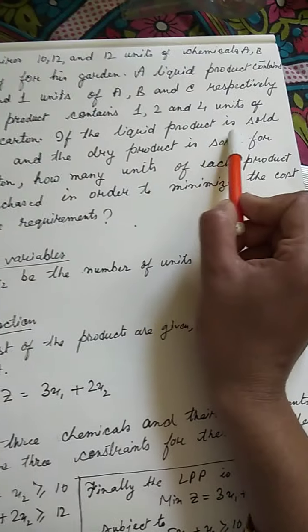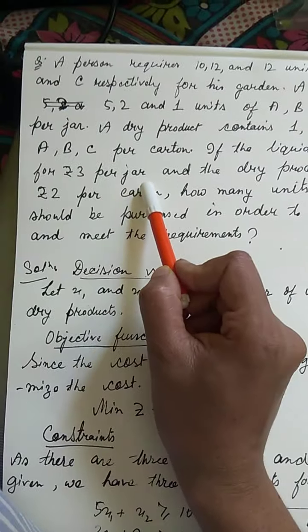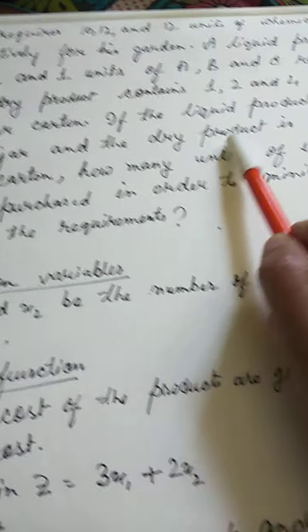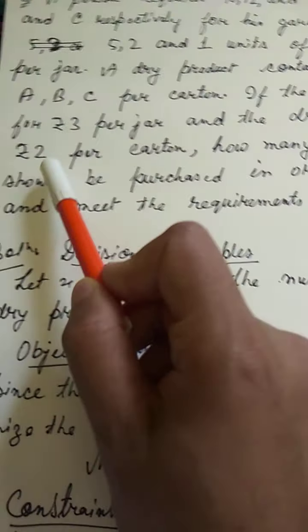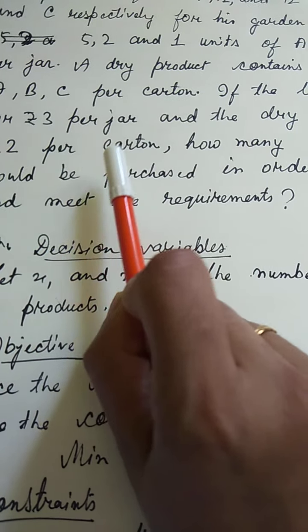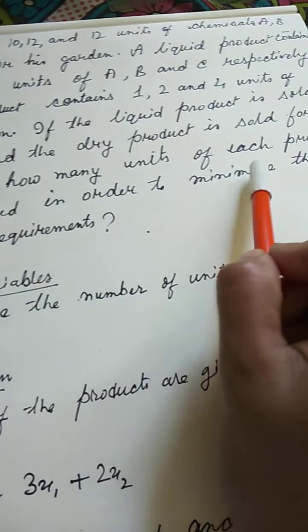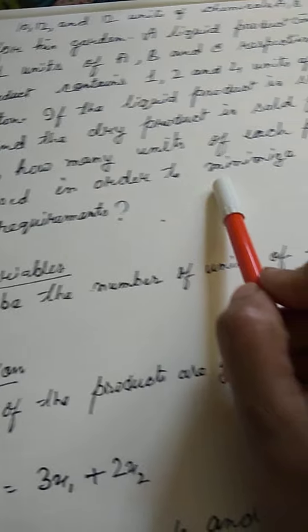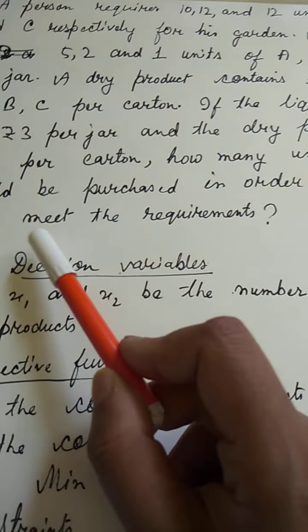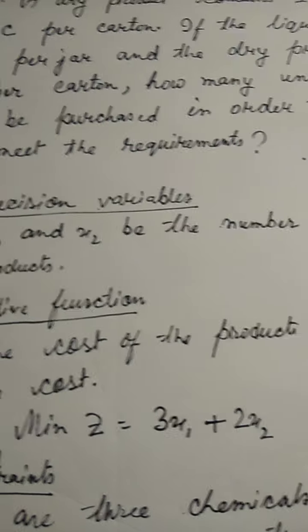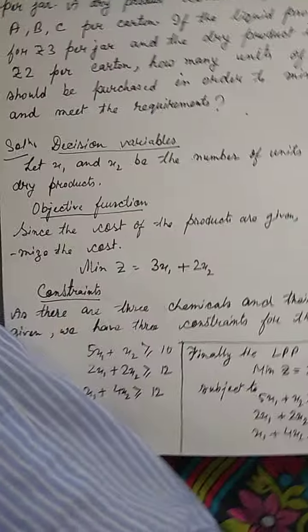If the liquid product is sold for rupees 3 per jar, that means the cost of the liquid product for the person is given, and the dry product is sold for rupees 2 per carton, that means this is the cost for the person for buying the dry product. How many units of each product should be purchased in order to minimize the cost, in order to meet the requirements? So, our decision variables here will be 2, one for the liquid product and one for the dry product.